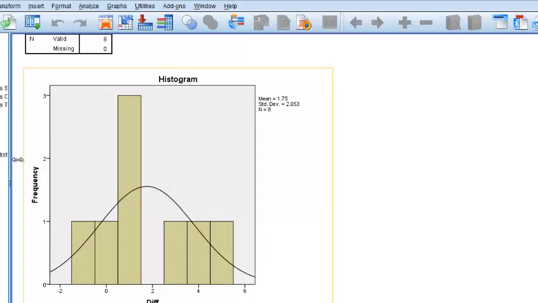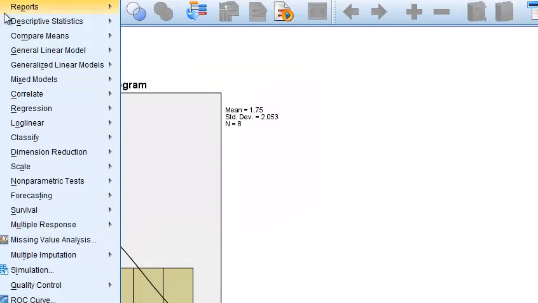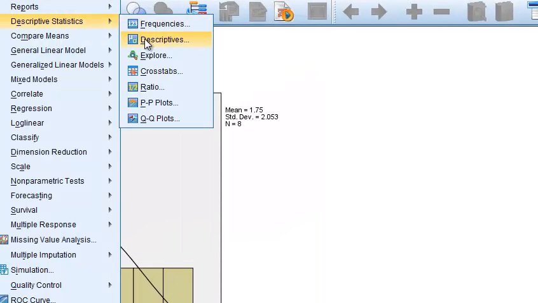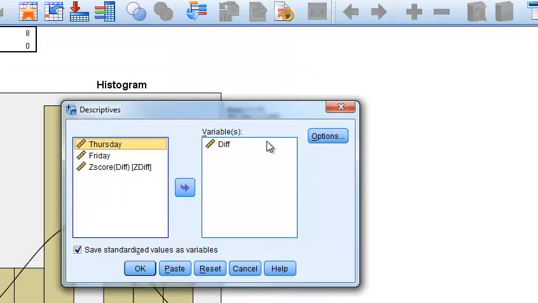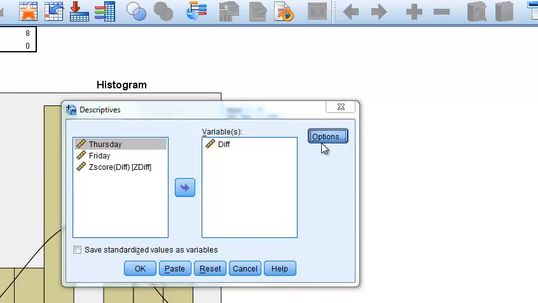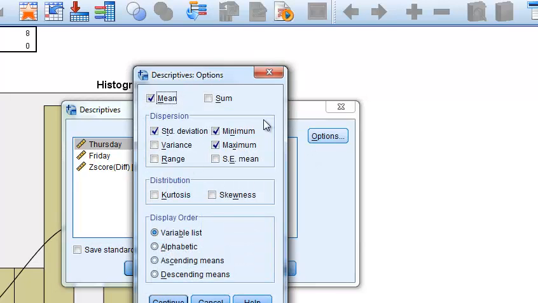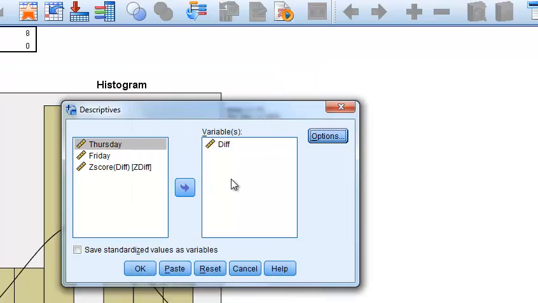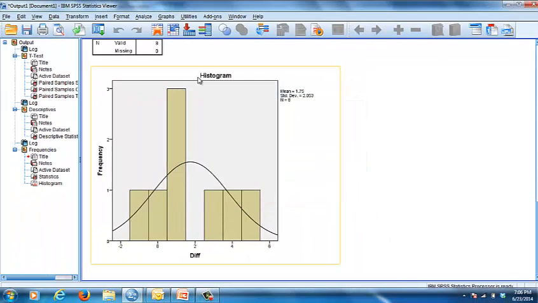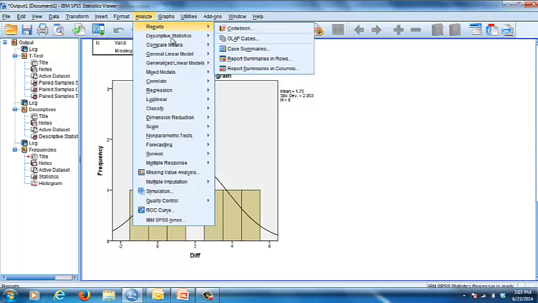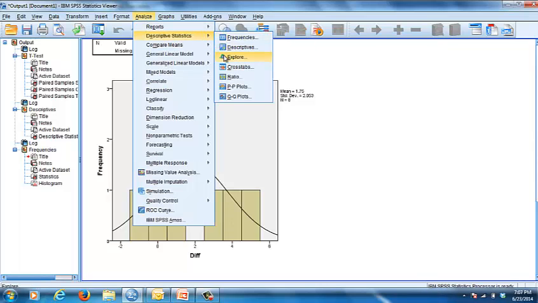The other way you can do that is to actually calculate the descriptive statistics using descriptives. Okay? In this case, I want descriptives on diff. All right, and I want, nope, I don't actually want descriptives. What I want is the kurtosis and the skewness, so I'll need to use explore. So analyze, descriptives, explore.